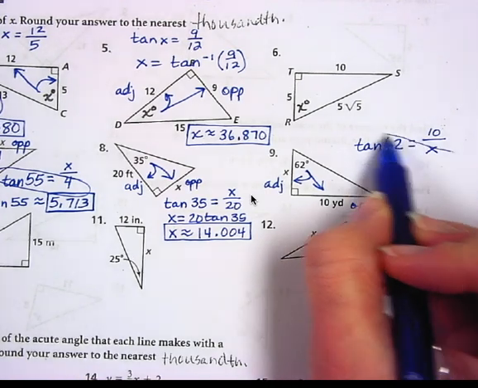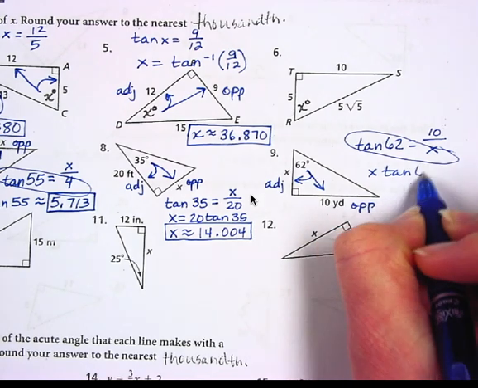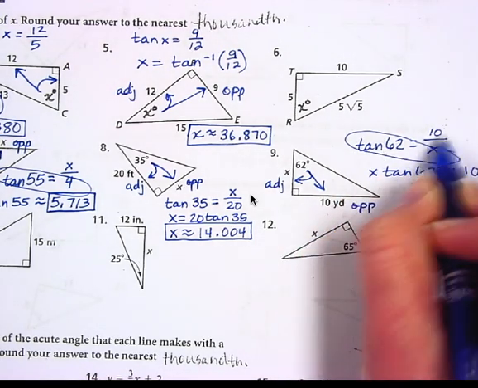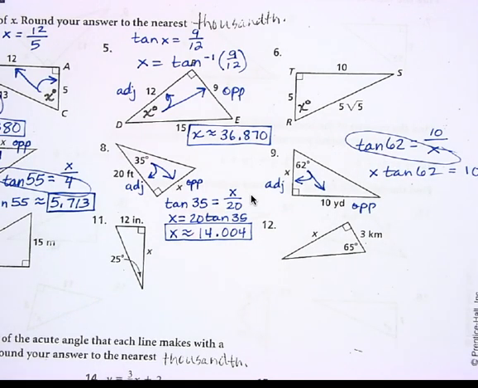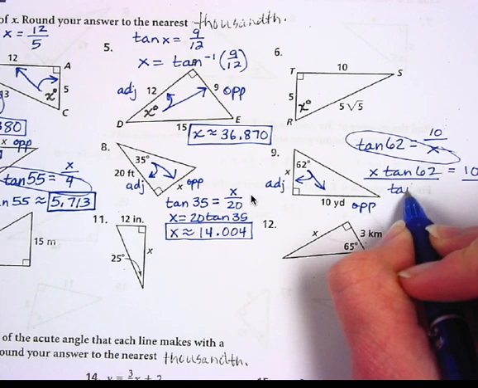Okay, when we multiply the diagonals, we get x times the tangent of 62 is equal to 10, because there'd just be a 1 underneath the tangent of 62, so that'd be 10 times 1 is 10. We still need x by itself, so we would have to divide each side by the tangent of 62.